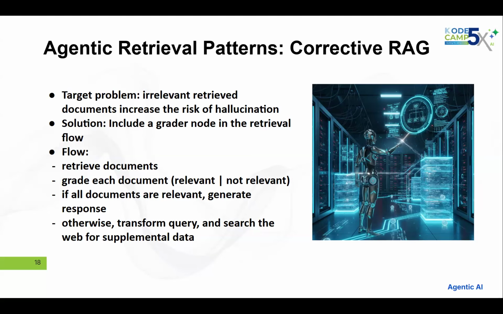But if not, then it transforms the query, tries to modify the query to make it one that is more likely to retrieve more relevant information, and then it searches the web for additional information, and then it uses the relevant information that it retrieved earlier and the supplemental information that it got from the web.